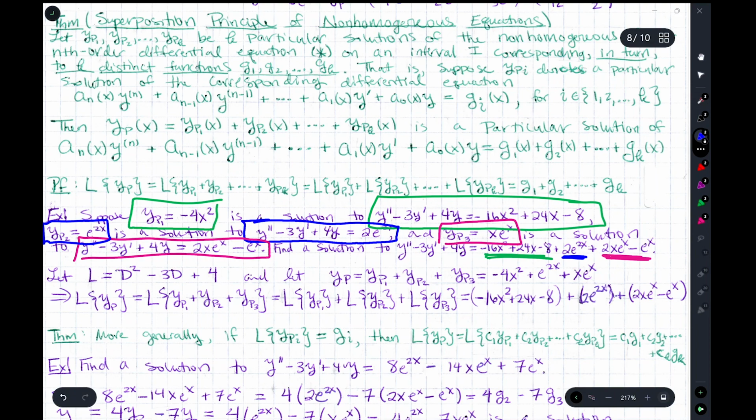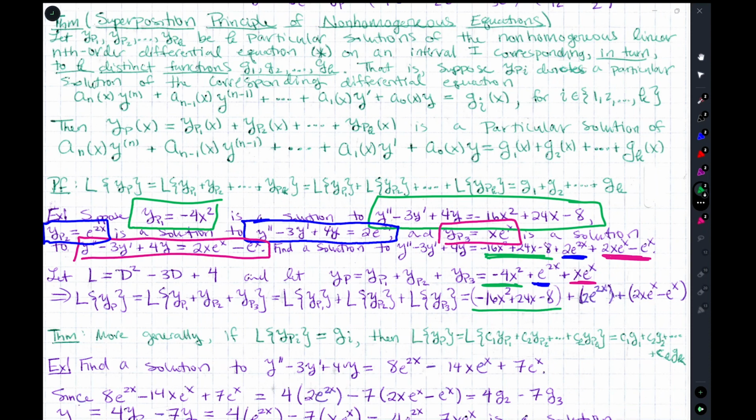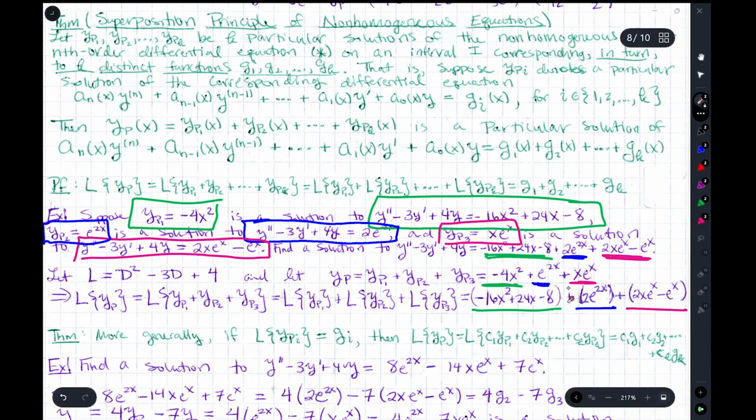So in colors, we have this, and that. And notice, we get the same thing here. What you see here is the pink y_p associated with the pink right-hand side g. Here's the blue particular solution associated with the blue g, and the green particular solution associated with the green g. And why does this work?